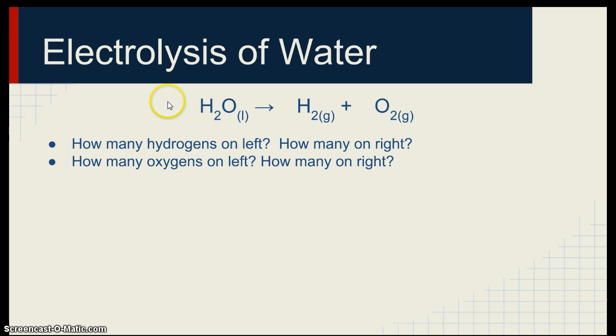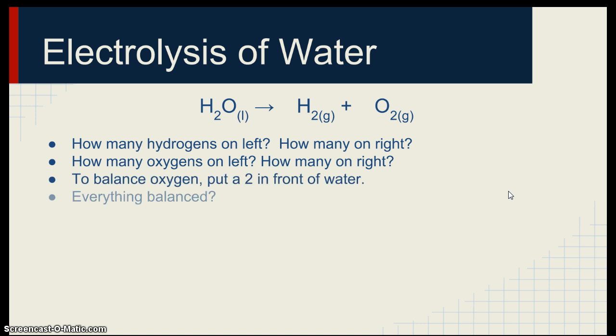Well, we're going to have to put a 2 in front of here, because if we put a 2 in front of here, and I know this isn't drawing on the screen, but just pretend that it is, then we can multiply that through, and we'll have 2 oxygens here and 2 oxygens here. The oxygens are great now. Is everything balanced now? Well, not exactly, because now there are too many hydrogens.